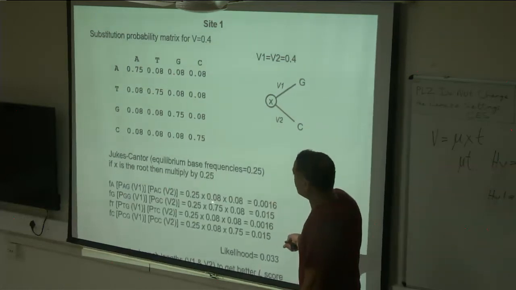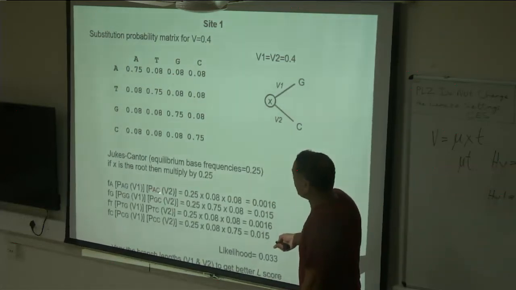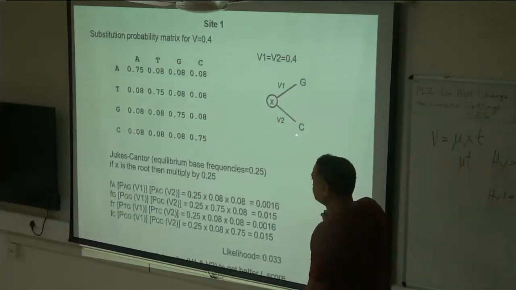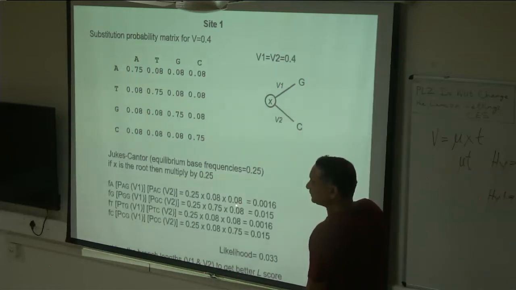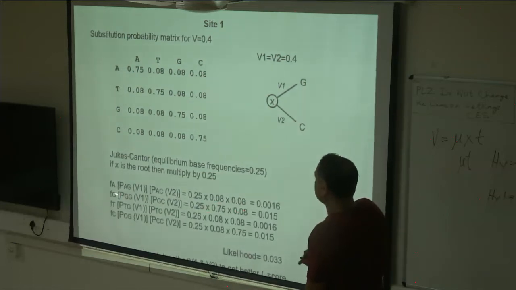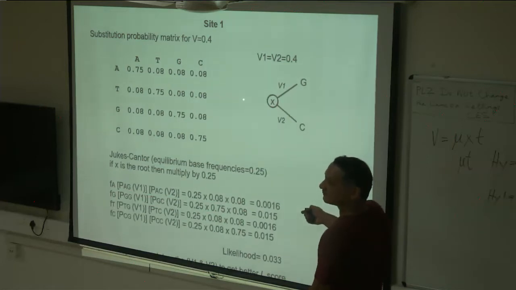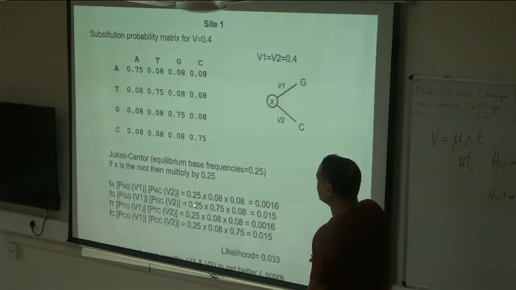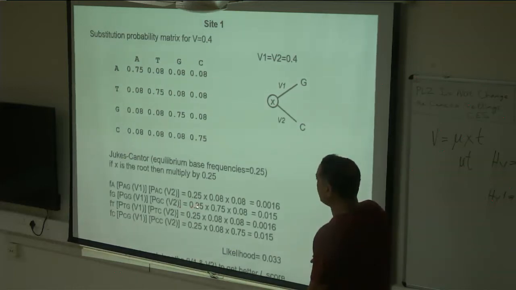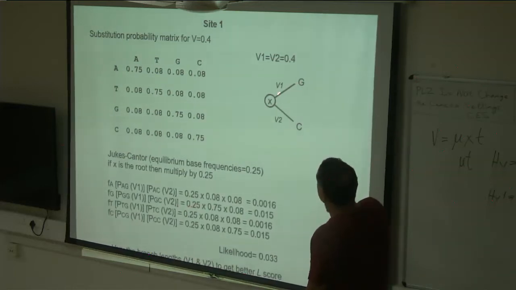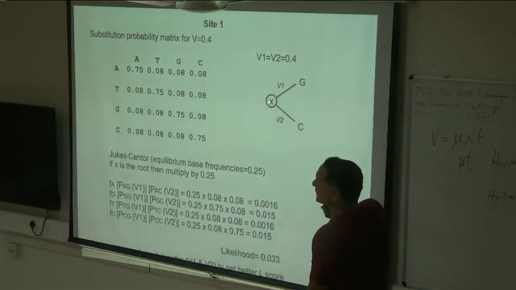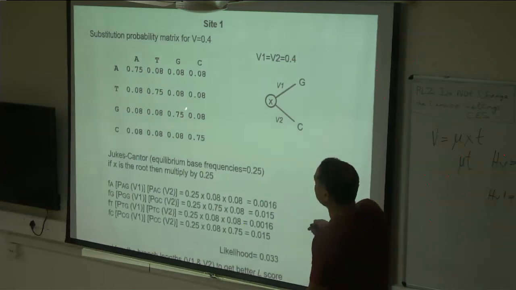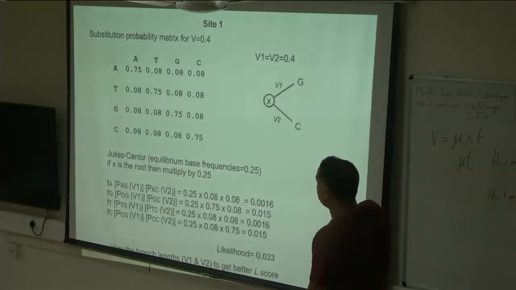So you multiply 0.08 there, and times the probability of change from A to a C. That's 0.08. Then you have to add that to if this were a G. Again, equilibrium base frequency, this would be 0.25. Here, there is no change if this were a G. So probability of no change is 0.75, G remaining G, right?